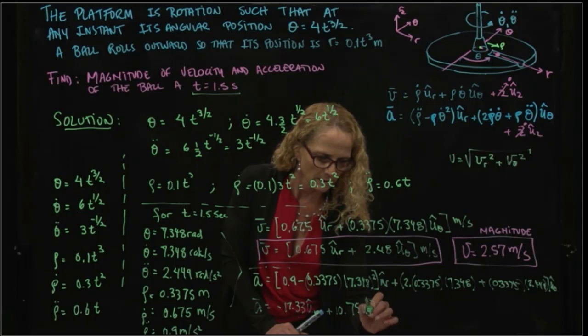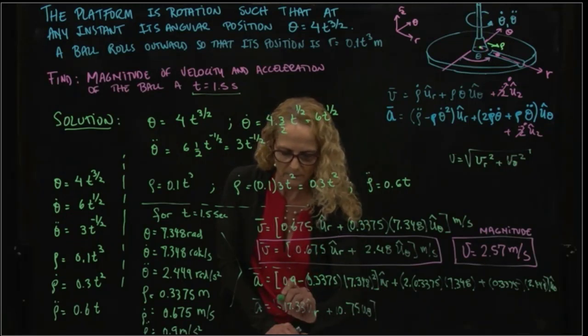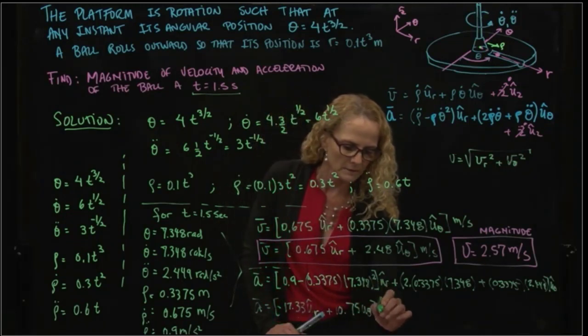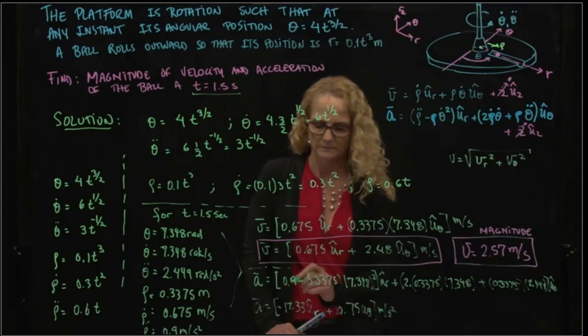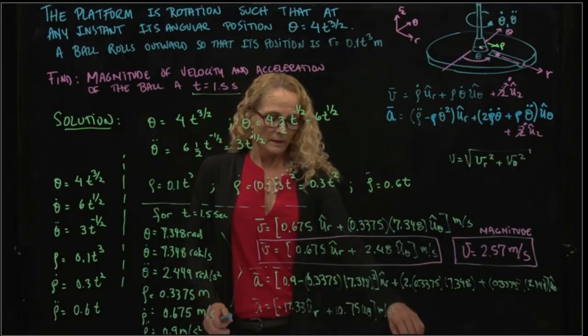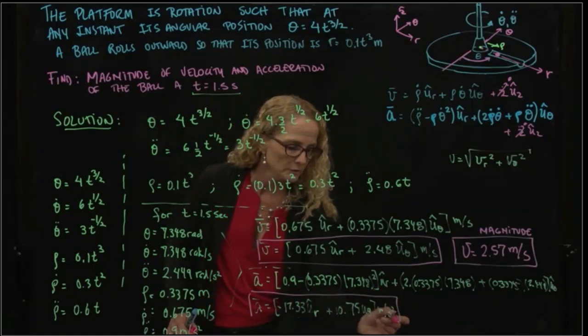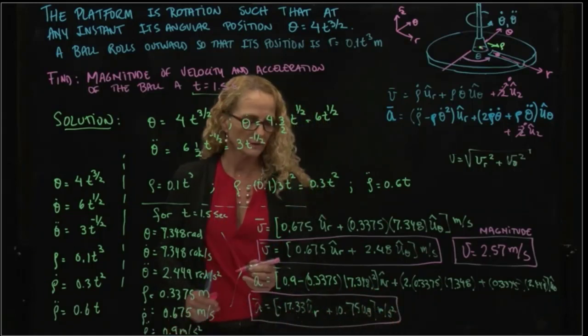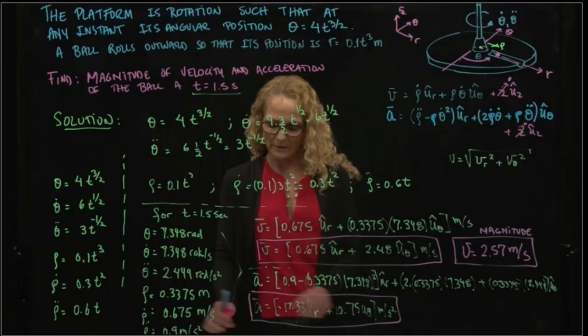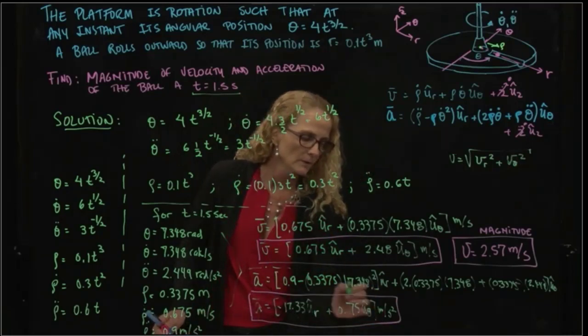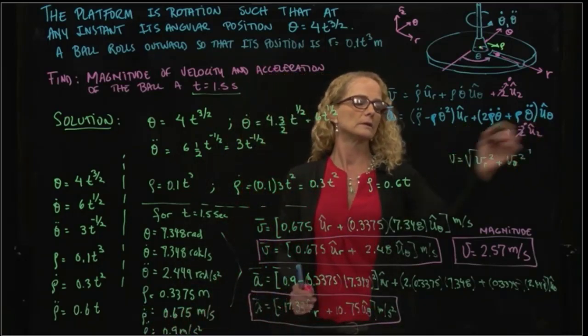And all that is in meters per second squared. So that will be the vector expression of the acceleration, where we have two components: the r component and the theta component.